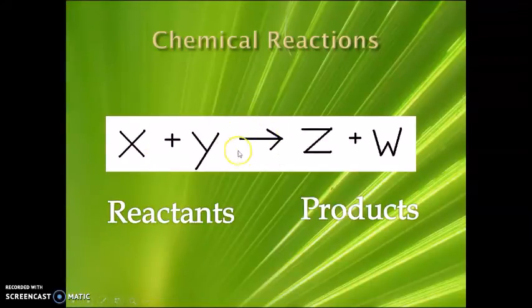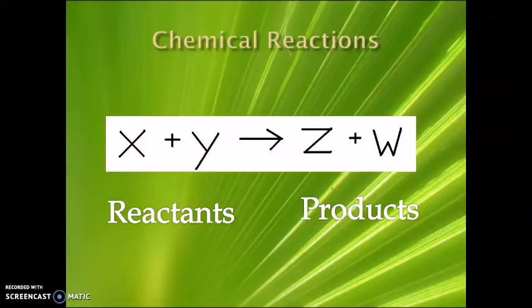Then I put them in the oven. So I'm going to heat them up, and heating can cause a chemical reaction. After I'm done heating it for, say, an hour, I pull out my product, a chocolate cake. And the chocolate cake is my product. It is different from the reactants. It's made from the reactants, but it has changed its identity because it was a chemical reaction.